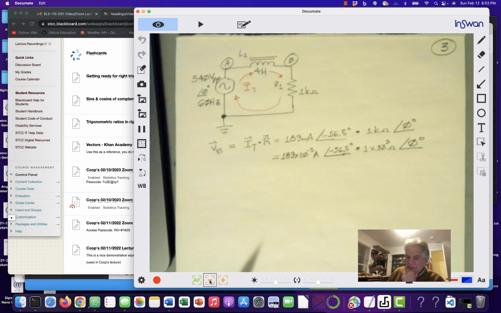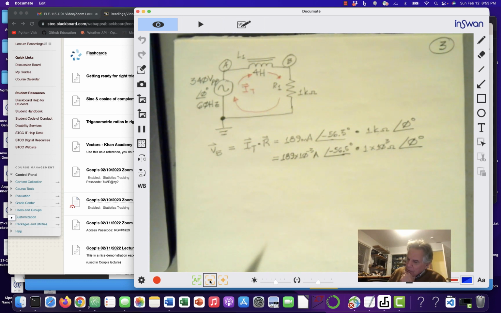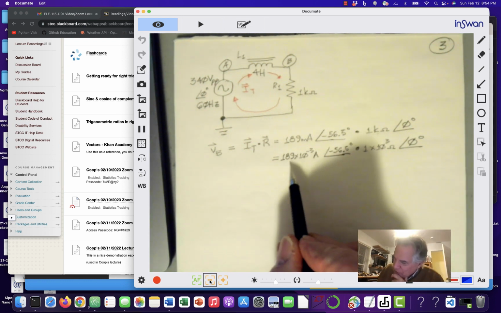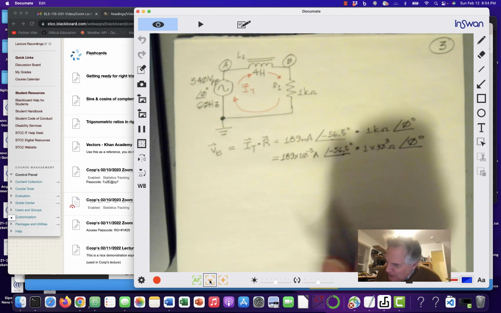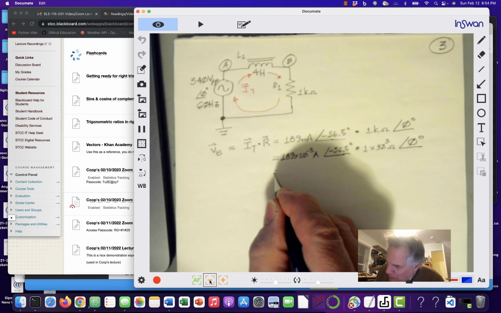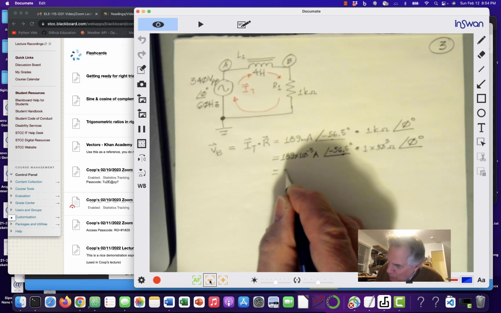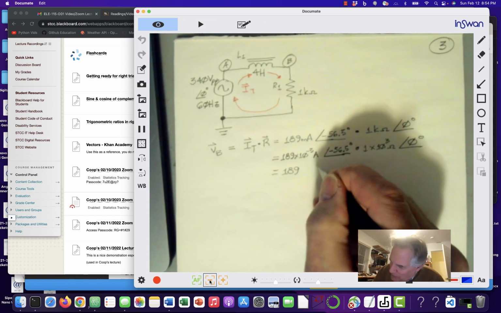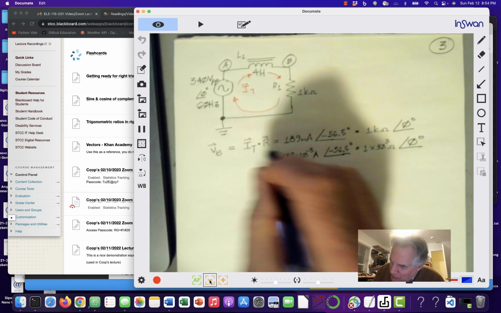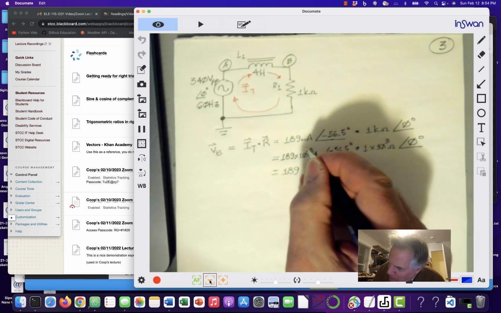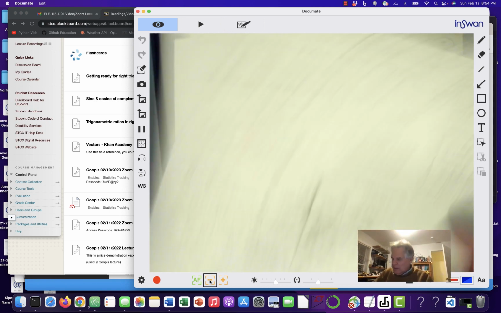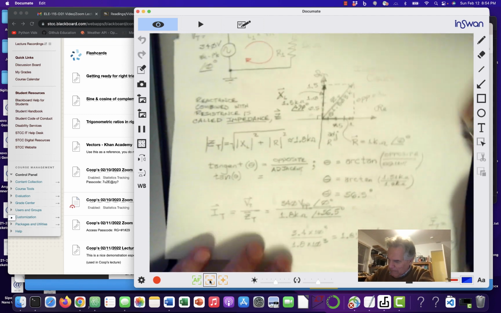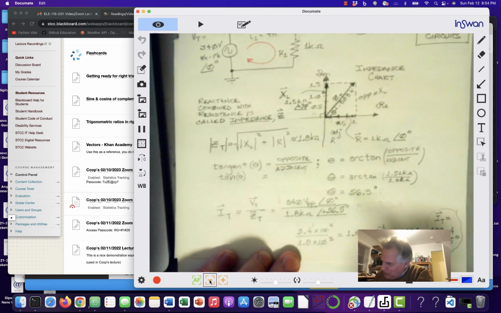Okay, so when we multiply these two together, 1 times 189, I'm going to get 189. Now there's something I didn't do here. Because these are volts peak to peak, let's be clear back here. These are volts peak to peak.